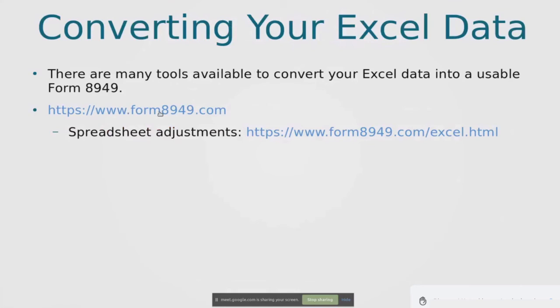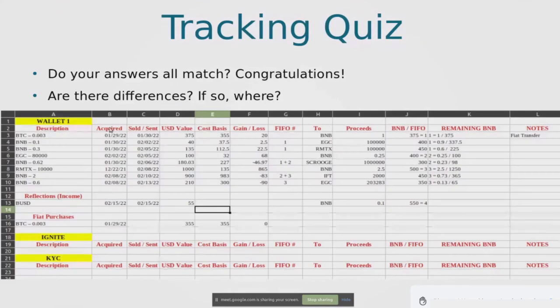You can upload your CSV file or your Excel data file, it's non-KYC, there's not a lot of privacy concerns, and they fill the form for you automatically. You'd have to make a few changes to the titles, like sold/sent, you might just change to sold. But that's going to input all the data.